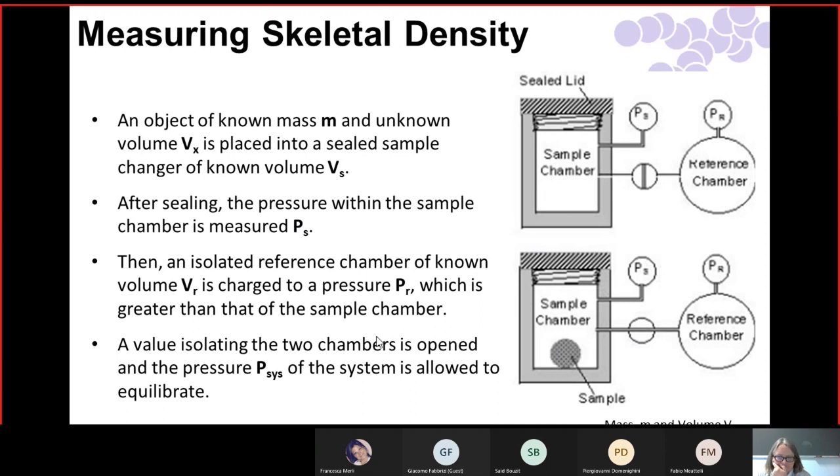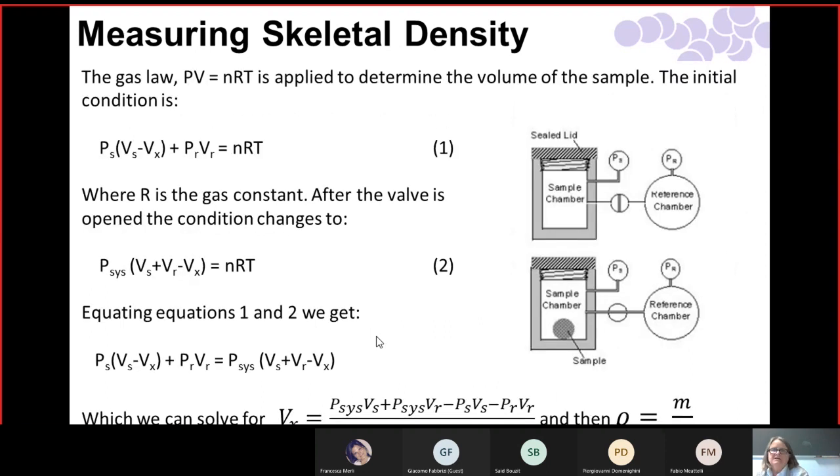And so then using the gas law, we can determine the volume of the sample, right? So pressure times volume equals number of moles times the gas constant times the temperature.